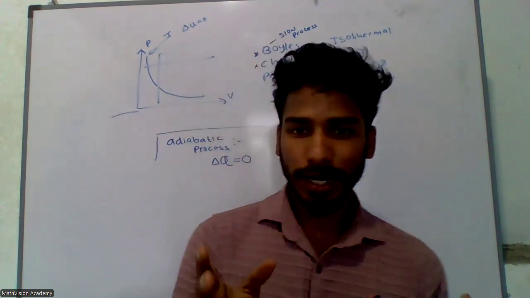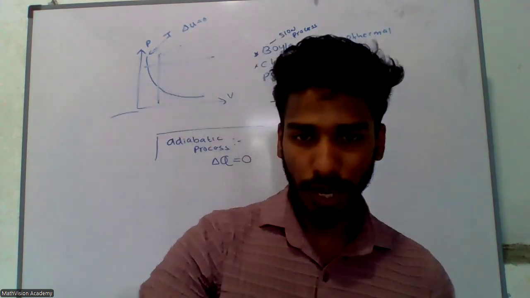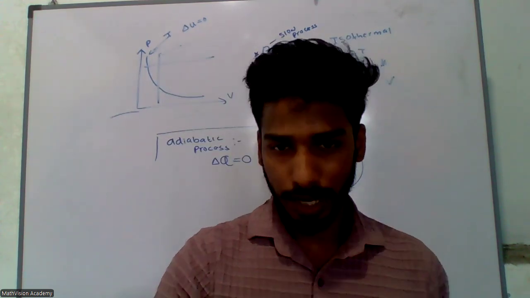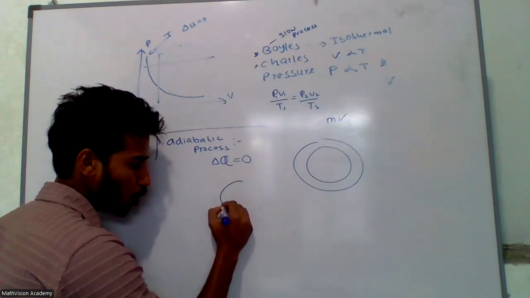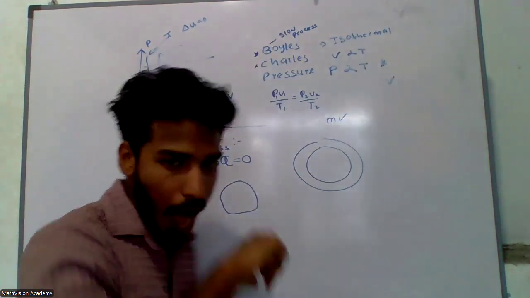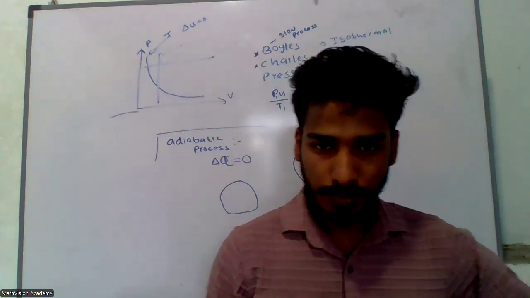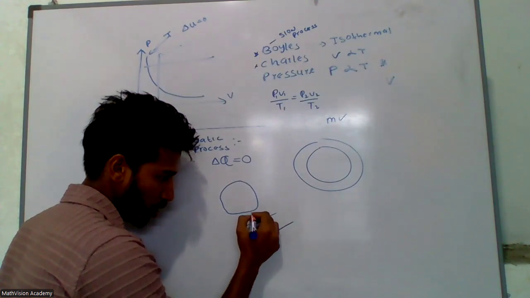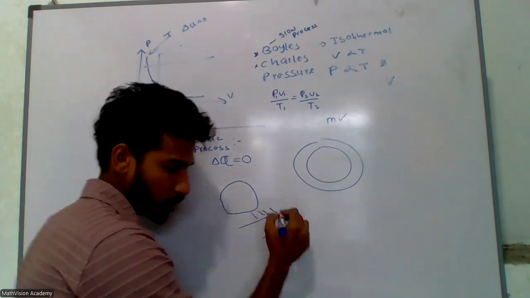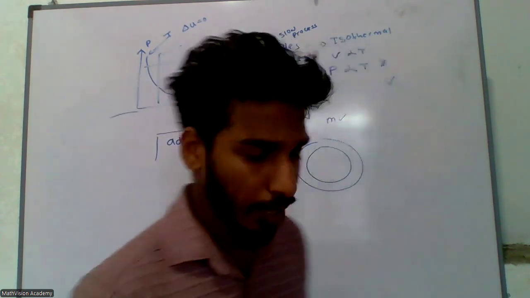So if you really want to practice the adiabatic process, what you can do here is just take your hand and blow some air. In the first case, have your mouth widely open, completely open, and start blowing some air. You can feel somewhat warm air on your hand.